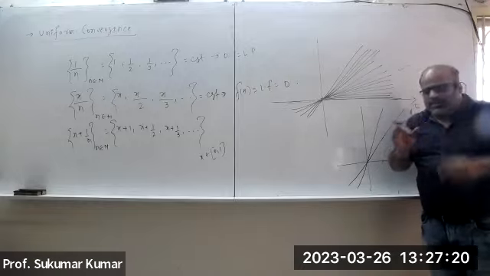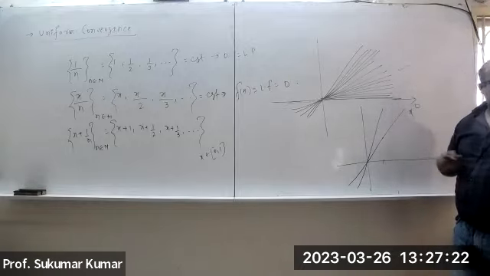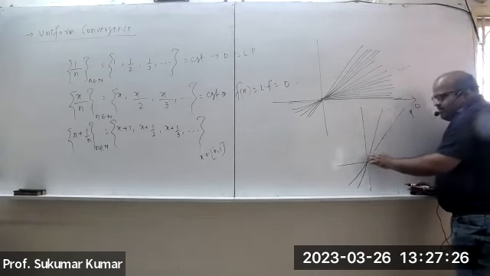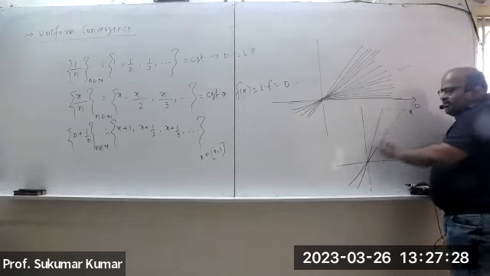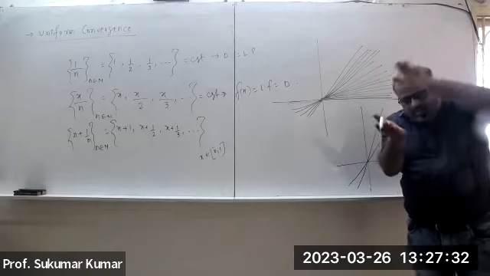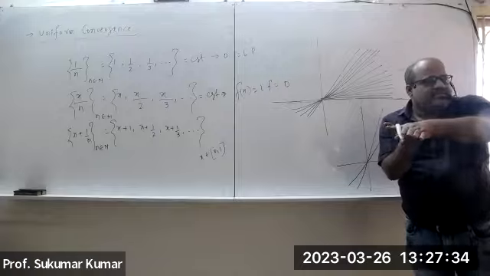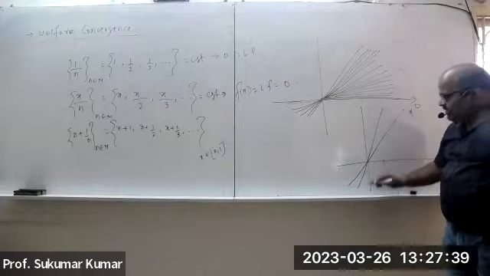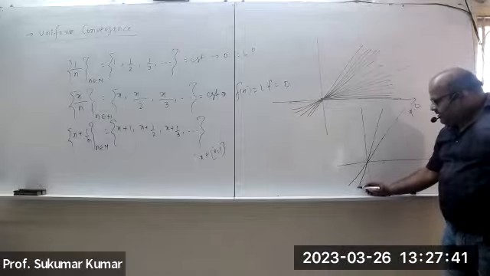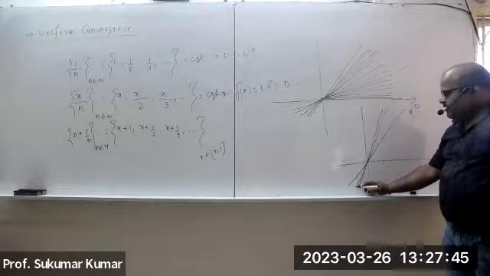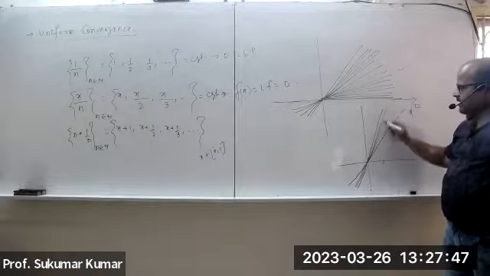Hereafter, every point lies between x and the previous curve, because it decreases and prepares an asymptote with this x. Asymptote means it will lie on that curve. Next, x plus 1 by 2, x plus 1 by 3.